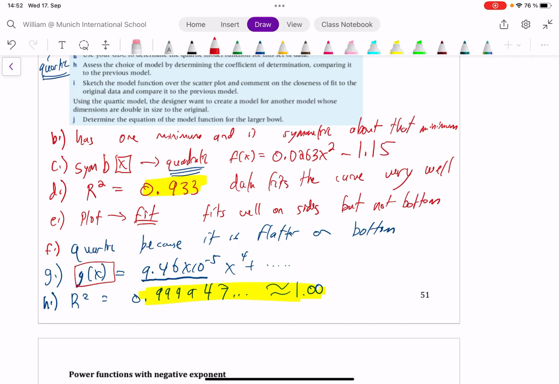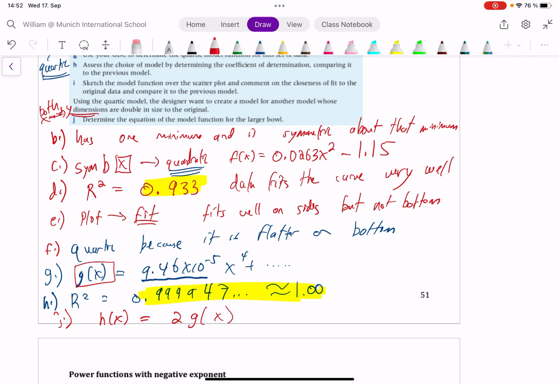The designer wanted to create another model whose dimensions are double in size to the original, right? So dimensions means both X and Y. And so it says determine the equation of the model for the new function. This is kind of just reminding us of what transformations are. If I want this new function, h of x, it's going to be twice as big as g of x.